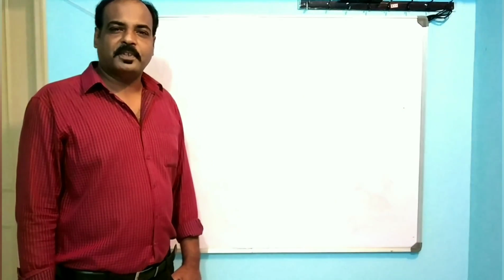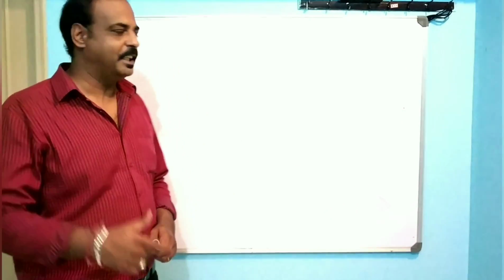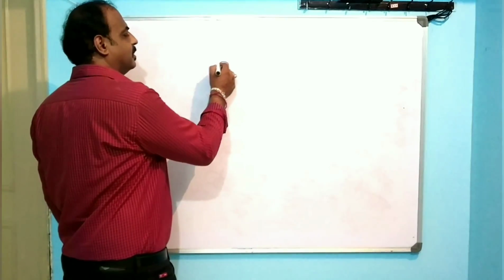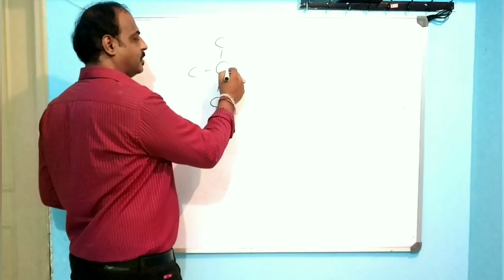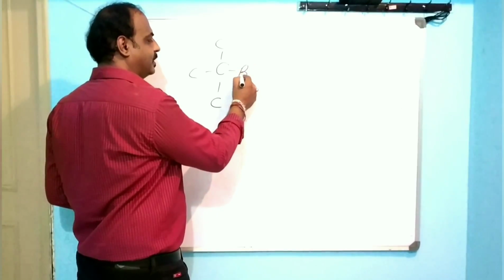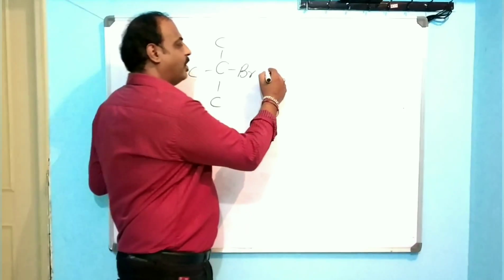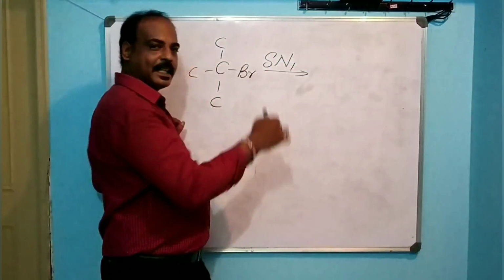So the important concept that you have to learn from these mechanisms is this. Generally, tertiary alkyl halides, like tertiary butyl bromide, will follow the SN1 mechanism.